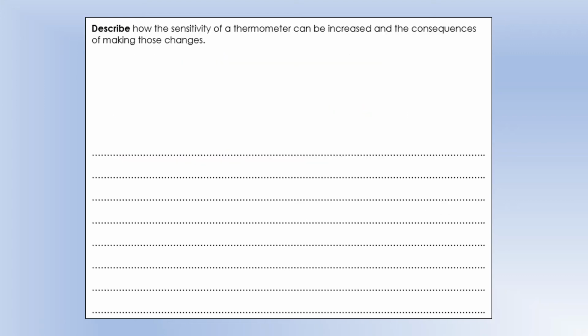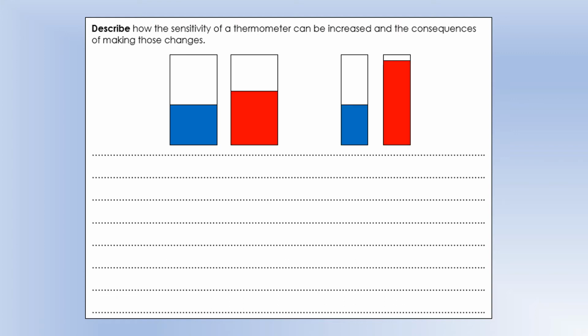Okay, so how can we change the sensitivity of a thermometer, and what are the consequences of doing that? One change we can make very easily is to change the cross-sectional area. If we change the temperature, the liquid expands. But if the thermometer is narrower, or has a smaller cross-sectional area, that results in a bigger height change.